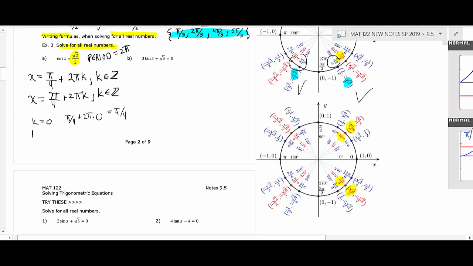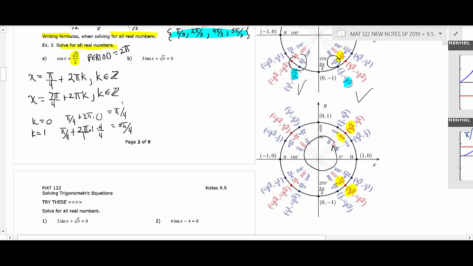If k was 1, then you would get pi over 4 plus 2 pi times 1. All that would do is give pi over 4 and then another lap around the circle would give you the next solution. If you got a common denominator by multiplying by 4 over 4, you would end up getting 5 pi over 4. Okay, and that would be another solution.